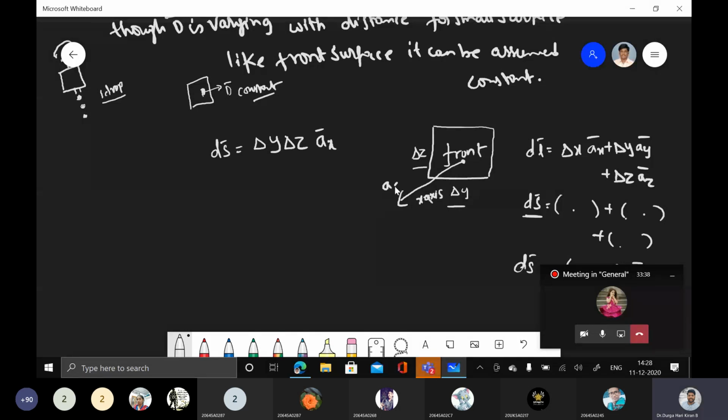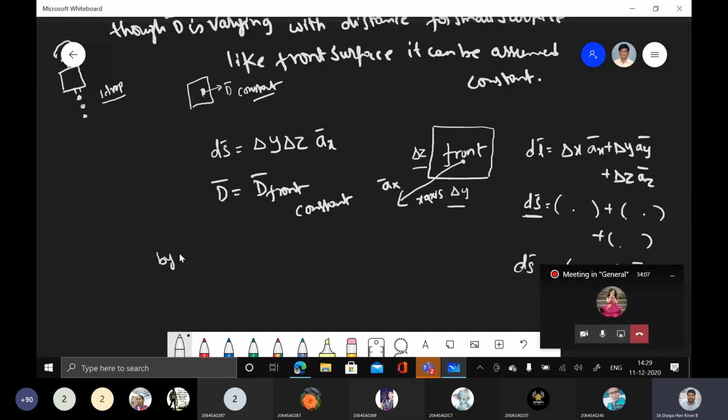So that is the reason it is ax bar. The dS bar for this is delta y delta z ax bar. Okay. So what about my D bar? I'll consider it as constant.